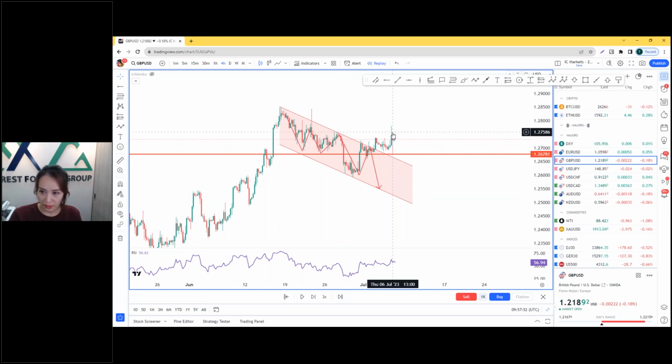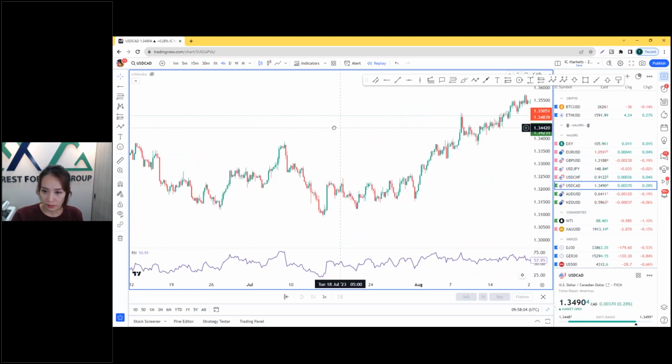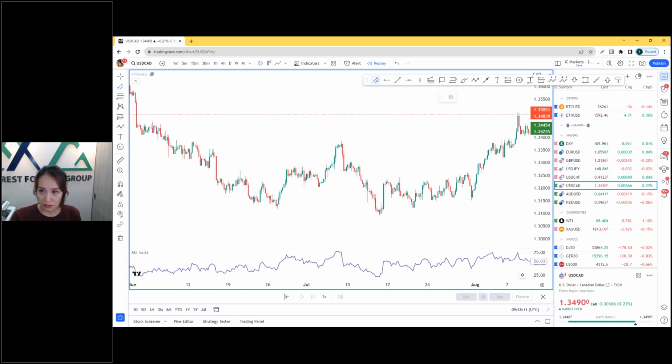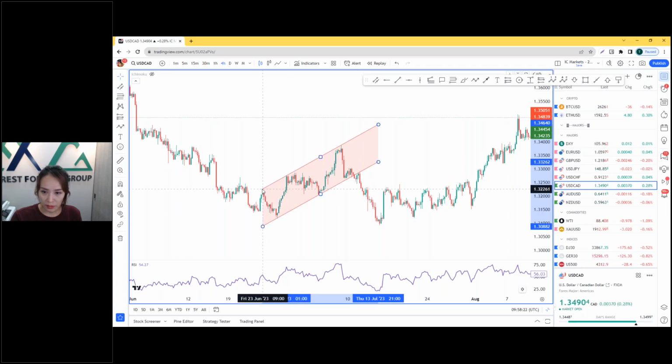Okay, this is what I mean. Let me find another example of the bullish channel line. Let me see, one here. Okay, at this point over here, you know that price is on a bullish channel line, right?